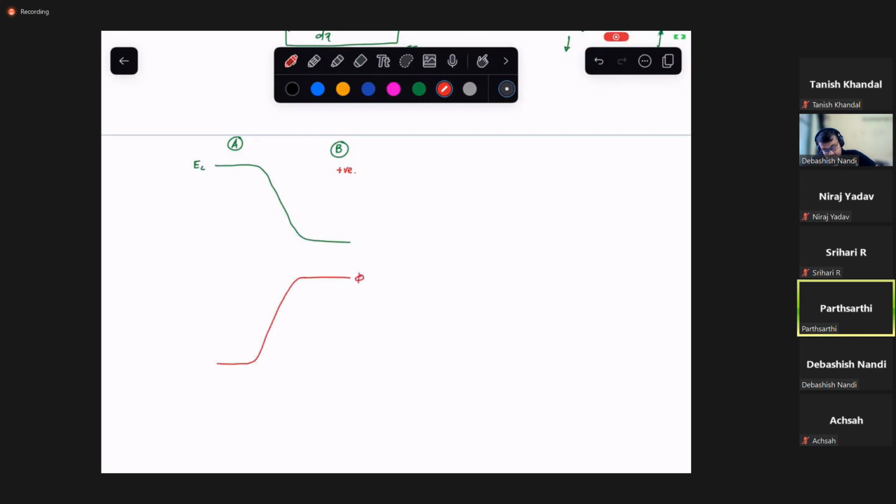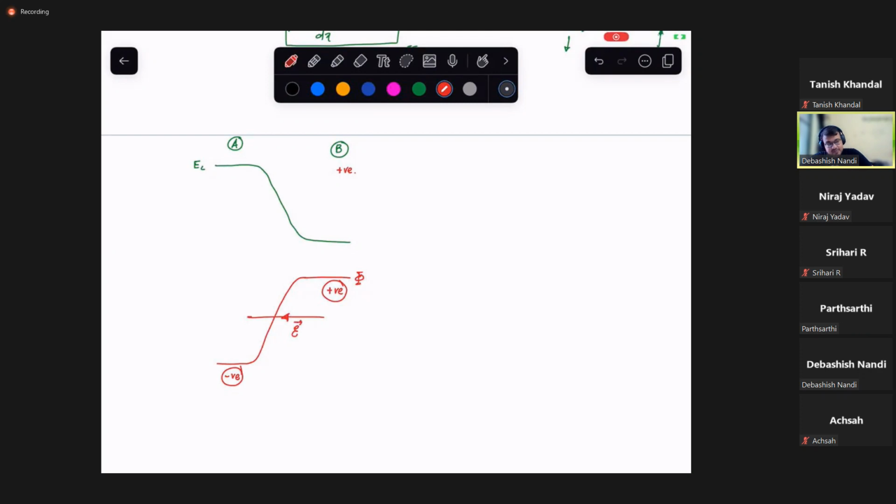That means I can assume some positive charges here and some negative charges here. So the field direction will be this way. Right, you are right.